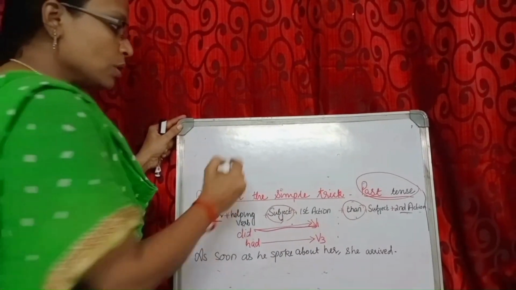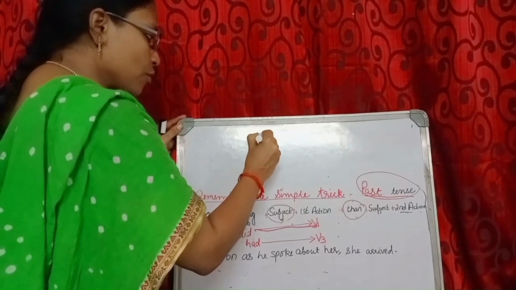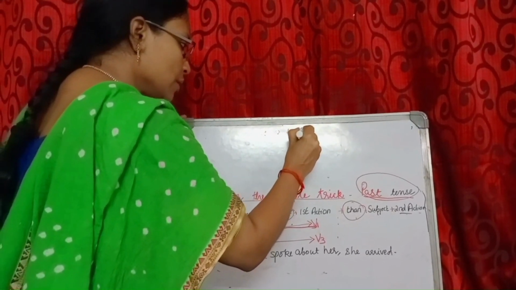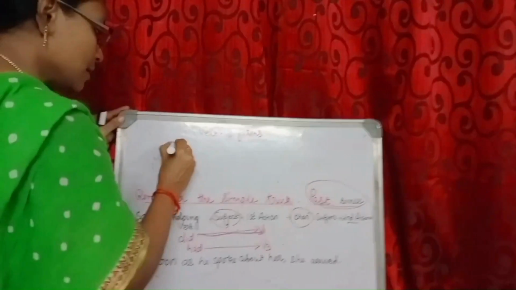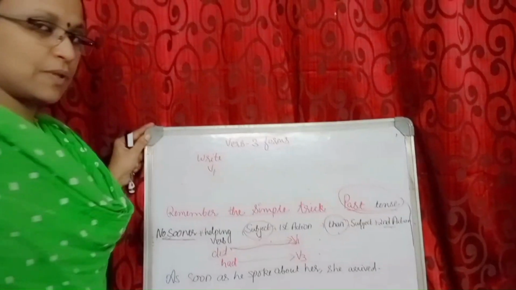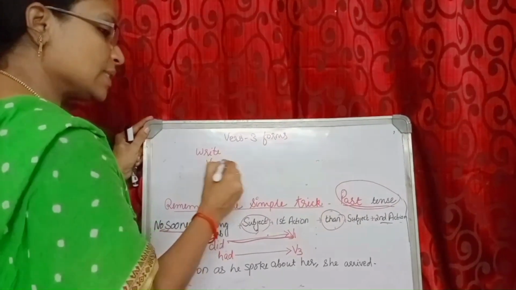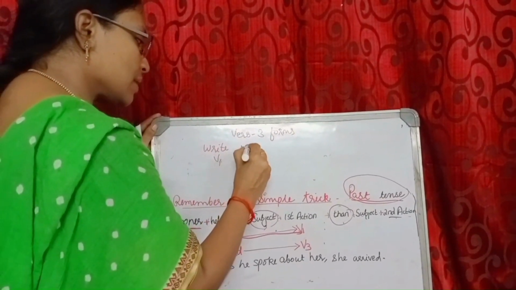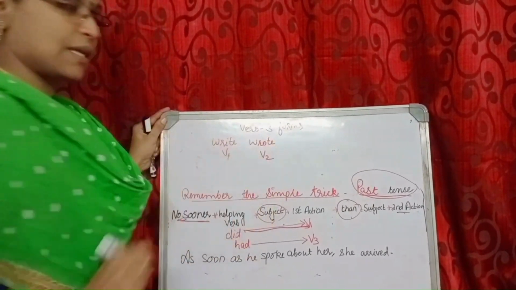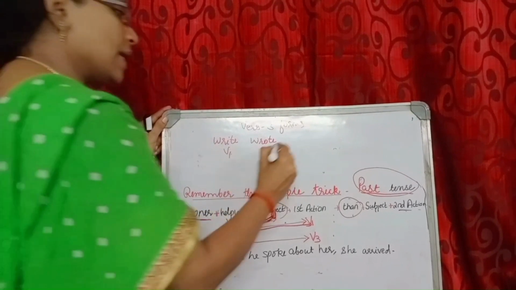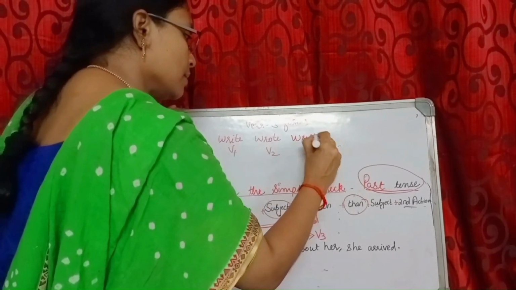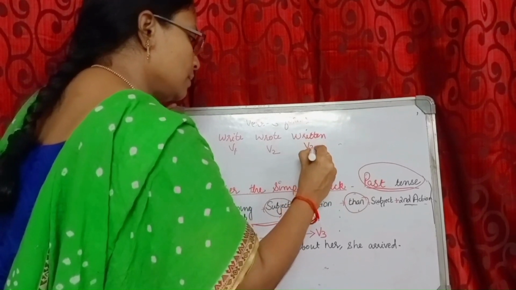For that you should know that a verb has three forms. You should know the three forms. For example, I am writing "write". This is the first form of the verb. What is the second form? That is past. The second form is "wrote", V2. And the third form is "written", V3.